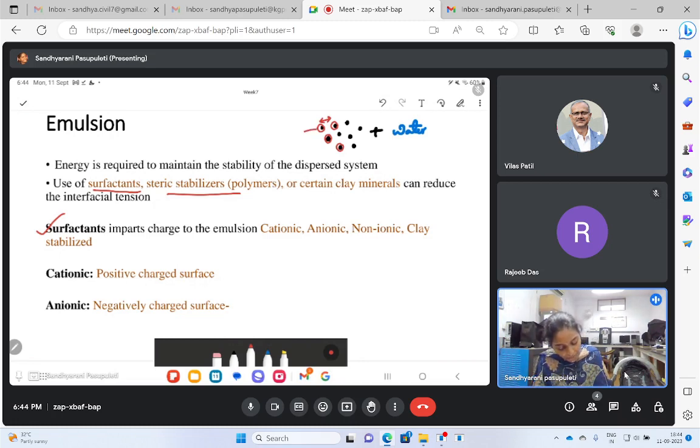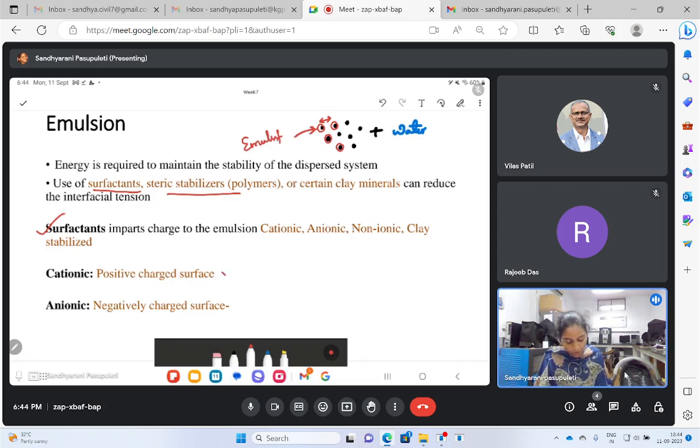So how do we impart this charge onto the surface of the bitumen? For that we use what we call emulsifiers or surfactants. Let us say I have added some surfactant or emulsifier, and that has created some positive charge on the surface of the bitumen particles.